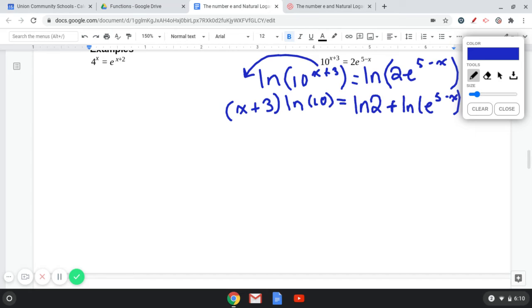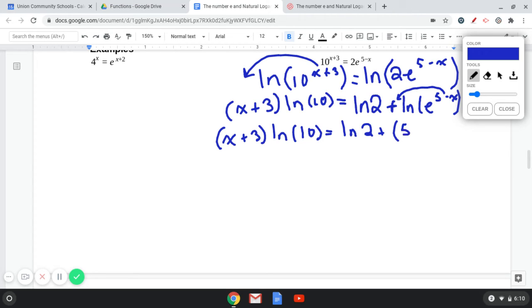All right. Now, what should we do next? All right, what I'm going to do next is just simplify this very last term, this natural log of e to the 5 minus x. Now I'm going to leave everything else the same. So we got x plus 3, natural log of 10 equals natural log of 2 plus. All right, y'all. We're going to take this exponent out.